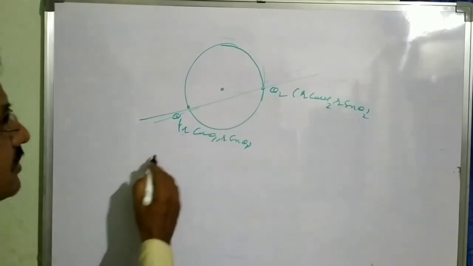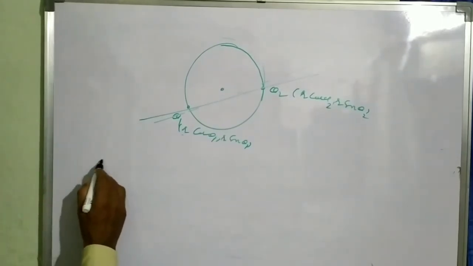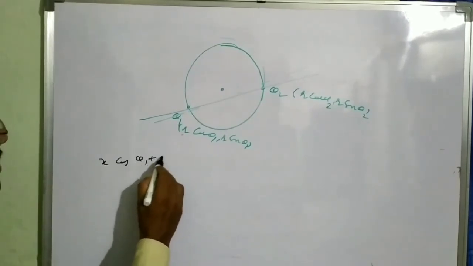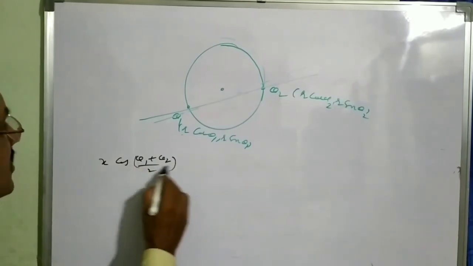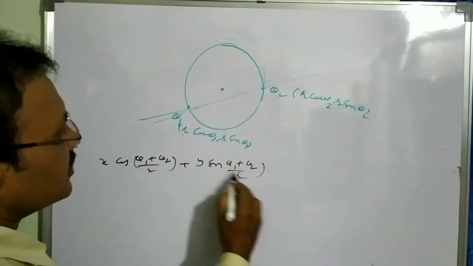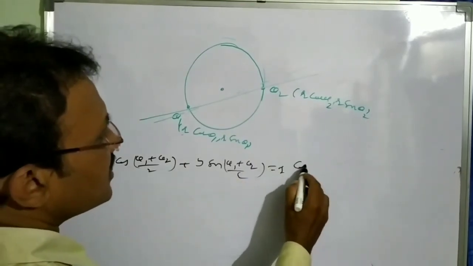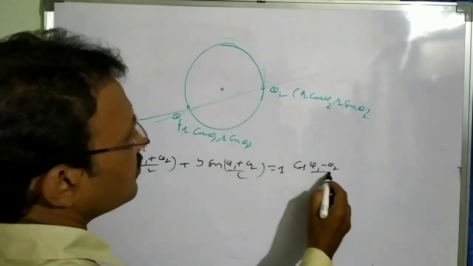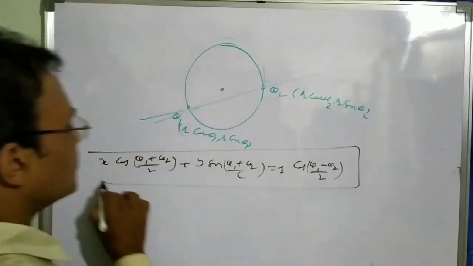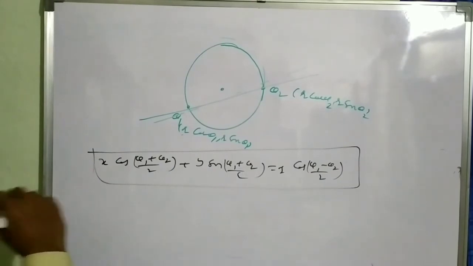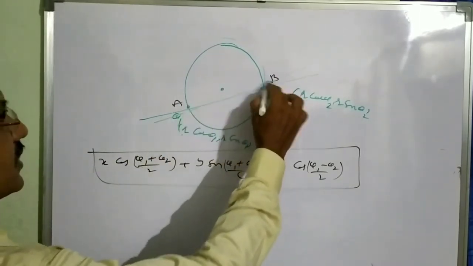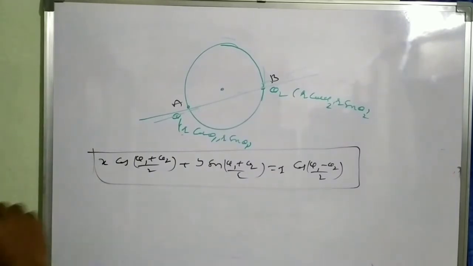By simplifying, by applying the 2-point form, you can easily get x cos((theta 1 plus theta 2)/2) plus y sin((theta 1 plus theta 2)/2) is equal to r cos((theta 1 minus theta 2)/2), which is the equation of the chord having the parameters theta 1, theta 2.